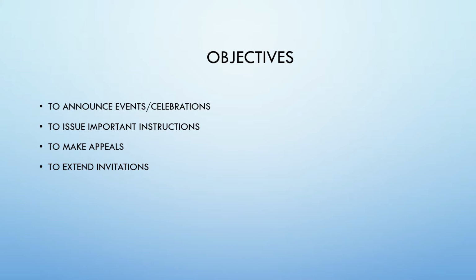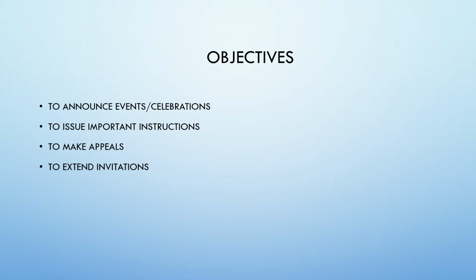Events, of course, are what are going to happen, like the sports day, the annual day, the prize giving function, the recitation, etc. Celebrations are when you want to celebrate something, maybe a festival, maybe a victory of the team, or some other thing. So you can announce events or celebrations using a notice.